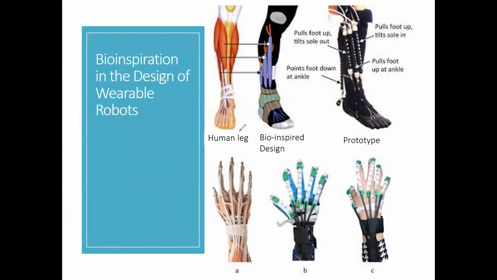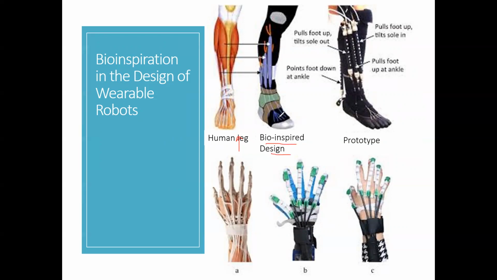see, if we have a human leg like this, and if I'm trying to design a rehabilitation robot, I mean, previously there were different kinds of robots which would be quite intimidating and quite mechanical, quite industry type of robots. But nowadays, people have been trying to make robots which have bio-inspired designs.